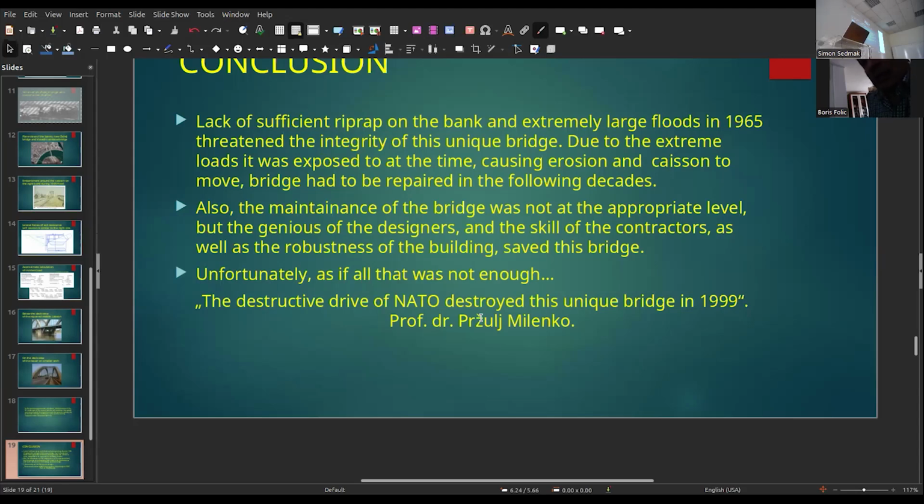Also, the maintenance of the bridge was not at the appropriate level, but the genius of the designer, the skill of the contractor, and the robustness of the building saved this bridge. Unfortunately, as if all that was not enough, the destructive NATO bombing destroyed this unique bridge in 1999.